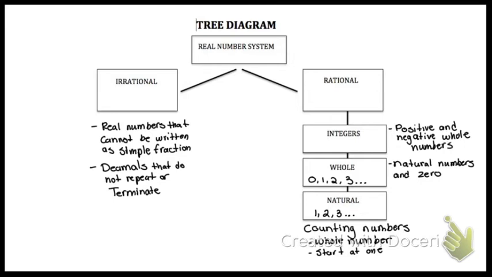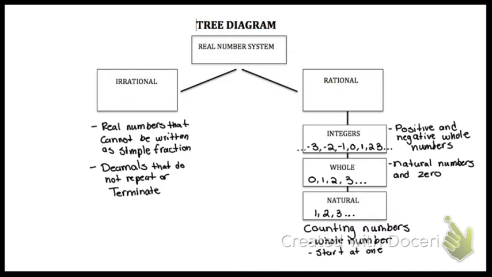Just to give you a simple example: -3, -2, -1, 0, 1, 2, and 3, and they can continue to go on and on, because there are infinitely many numbers. So integers are the positive and the negative whole numbers.